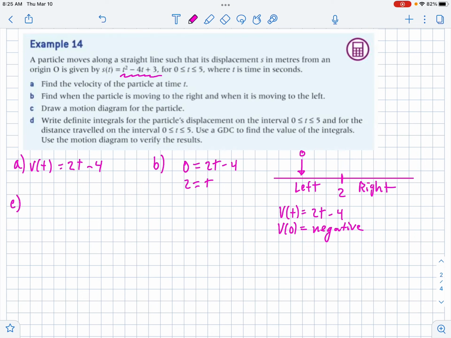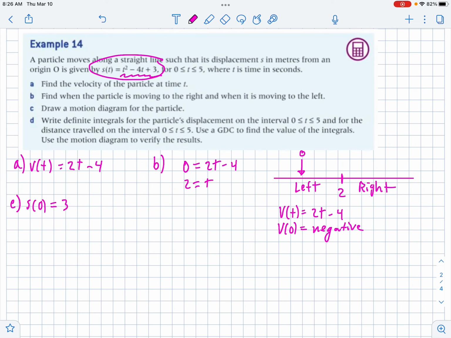Part C, draw a motion diagram for the particle. Well, I actually don't know where it is at time 0. I just know that after time 0, it's going to move to the left, and then after 2 seconds, it's going to move to the right. But I don't necessarily know what these distances are. So in the original equation, we're going to figure out where it's at these times.